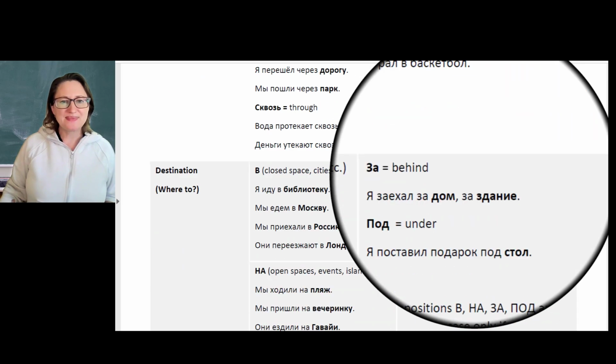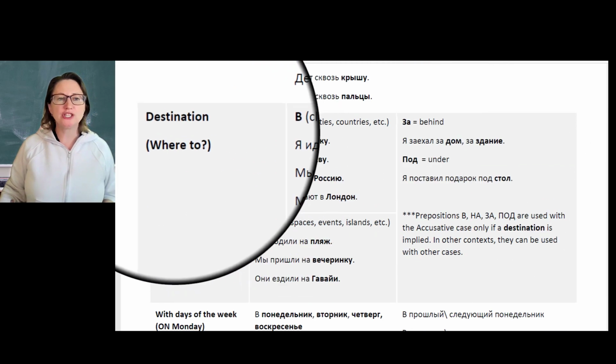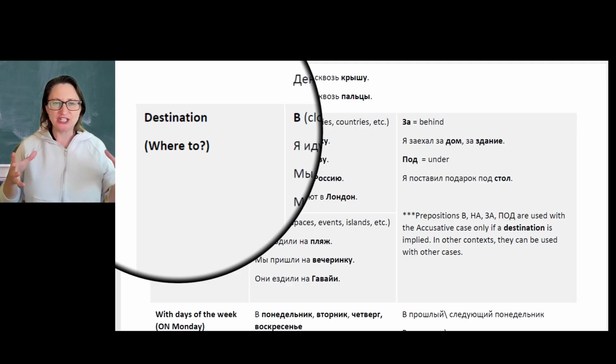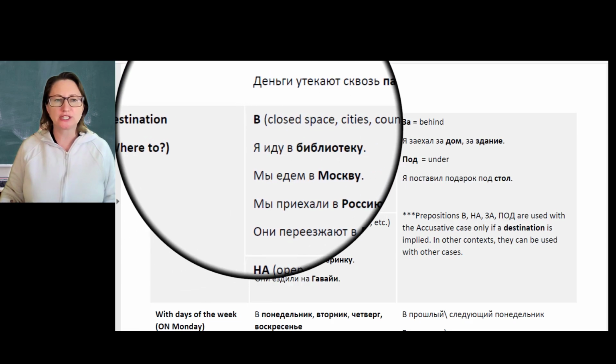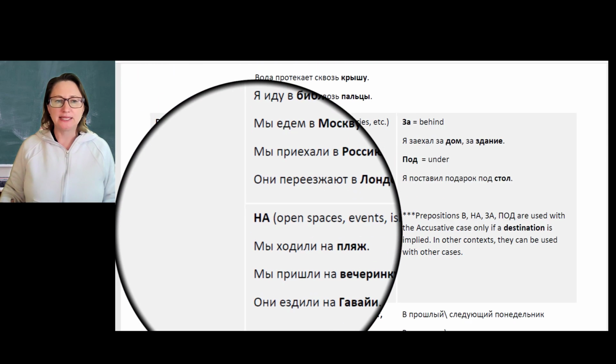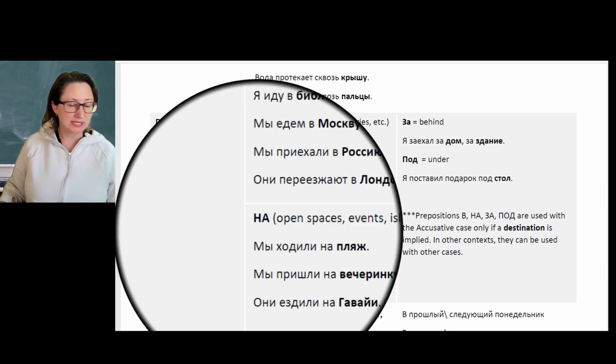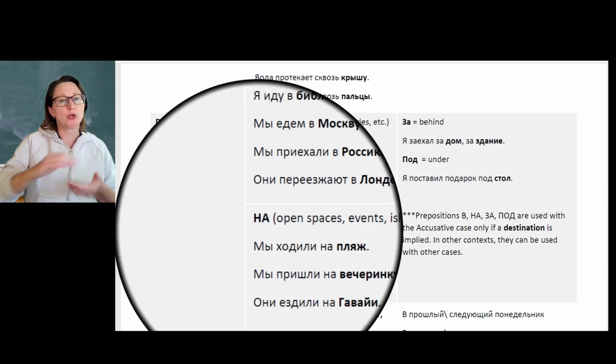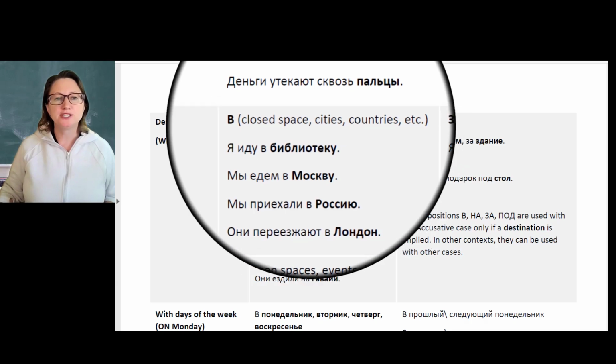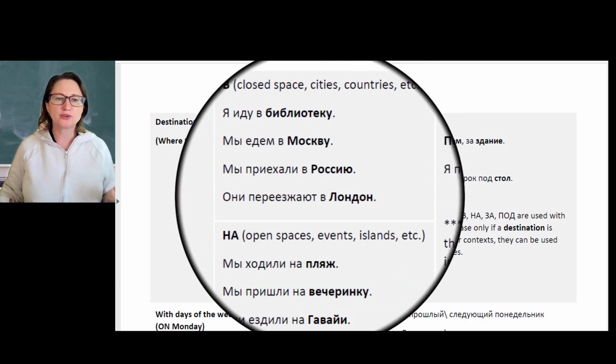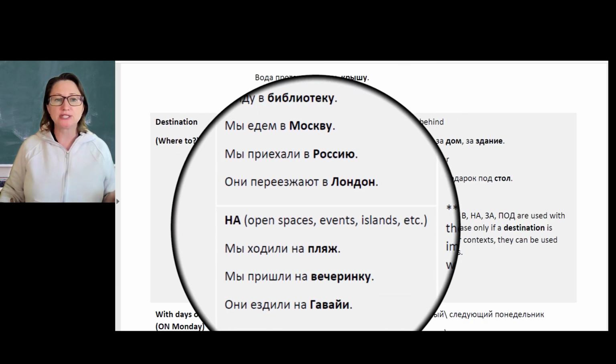So, next set of prepositions goes with destinations. And remember, we already looked at the prepositions в and на when it comes to destinations, somewhere we're going to. And в is used with closed spaces, cities, countries, while на is used with open spaces, events, and islands.